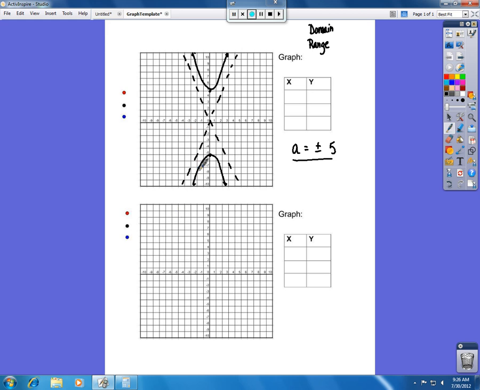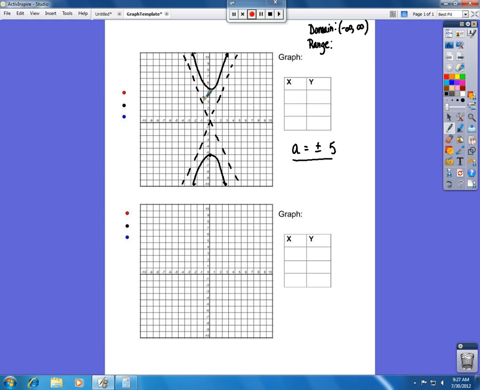So the domain is -infinity to infinity for this problem. It would be different if this hyperbola was shifted the other way. Then we would have an infinite range, but we would have limits on the domain. But for this problem, our domain is infinite, but the range has limits because there's this hole in the graph right here where there are no y values for any given x value.